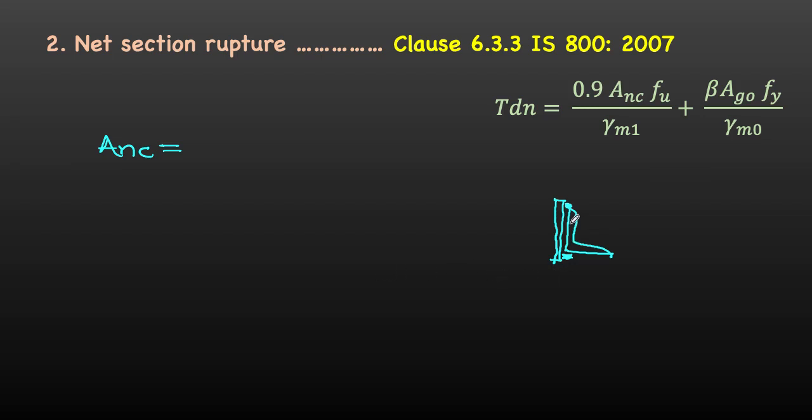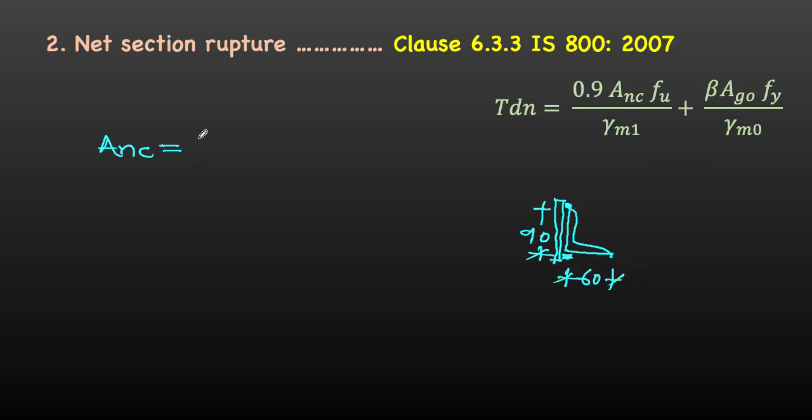But in this case, as you can see, we are just going to provide weld at top and bottom, so there is no hole in between, and no reduction in gross section area we have to consider. So what are we going to do now? Straightaway we are going to calculate the net area of the connected leg, where the connected leg is 90 and the outstanding leg is 60. Fine.